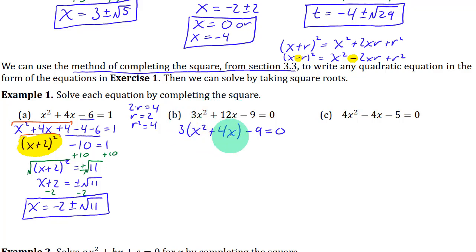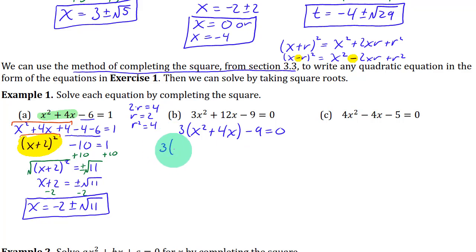So now that you have this x squared plus 4x, we're going to deal with that the same way we dealt with x squared plus 4x over here, which was by having a plus 4 minus 4 and throwing that in there next to it. So one, it doesn't change it, and two, you have a plus 4 written there.